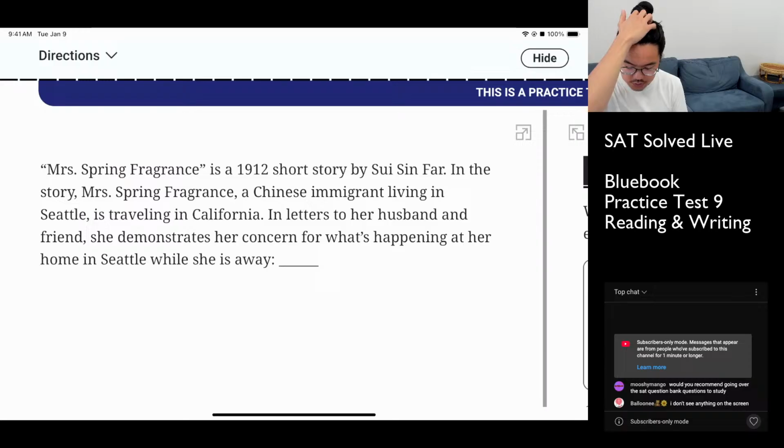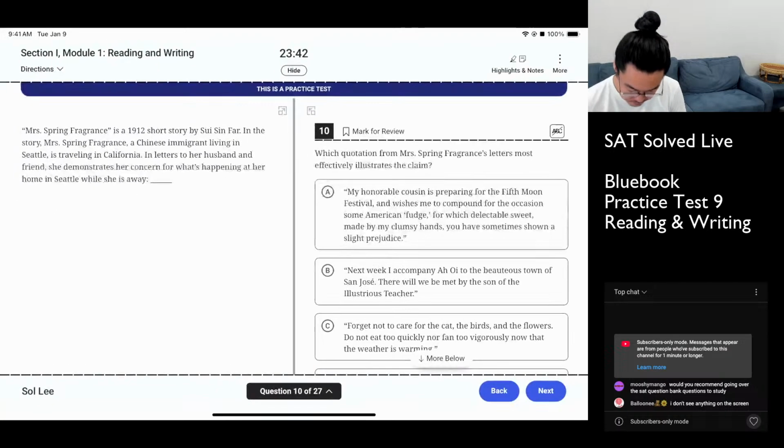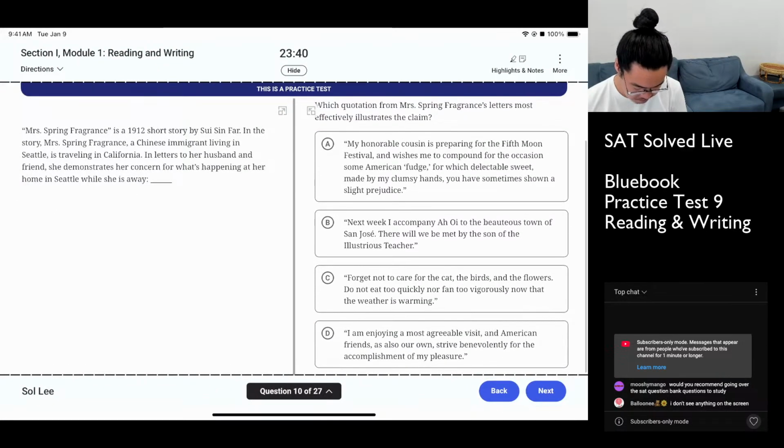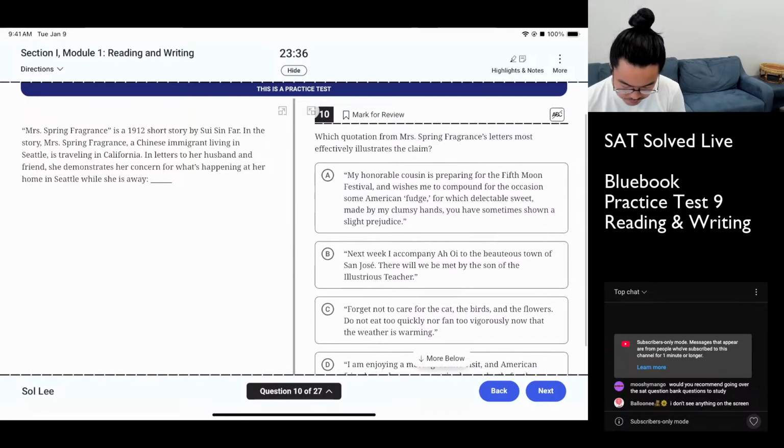She demonstrates her concern for what's happening at her home in Seattle while she's away. So her husband's at home in Seattle and she's gone and she's concerned. So the concern is, hey, don't burn the house down. Or, make sure that the house is not flooding, or something like that, right?